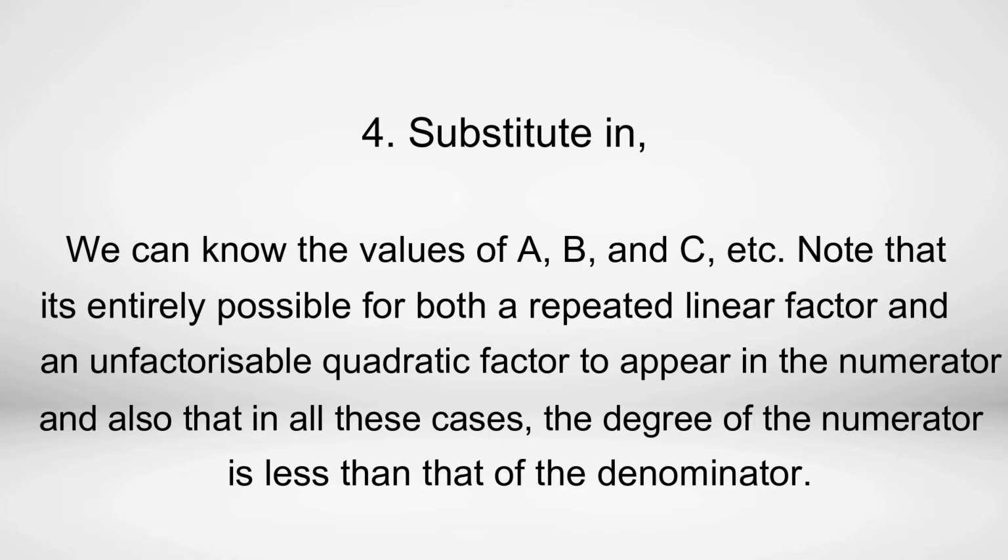Substitute, and we now know the values of a, b and c, etc. Note that it's entirely possible for both a repeated linear factor and an unfactorizable quadratic factor to appear in the denominator, and also that in all these cases, the degree of the numerator is less than that of the denominator.